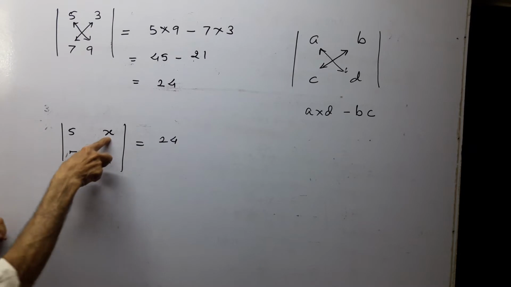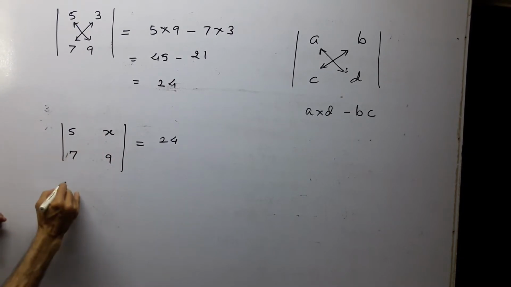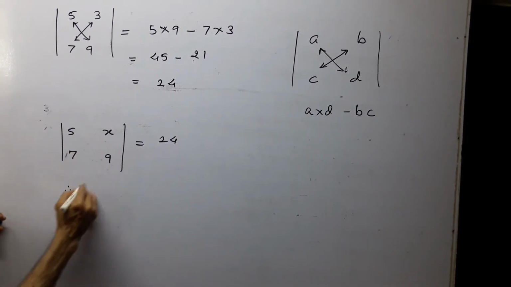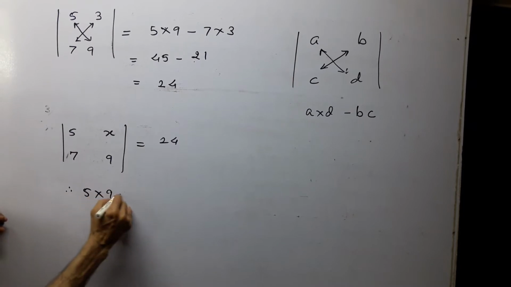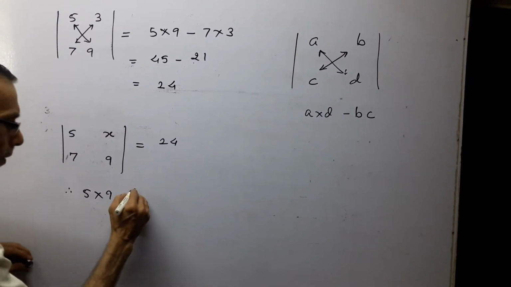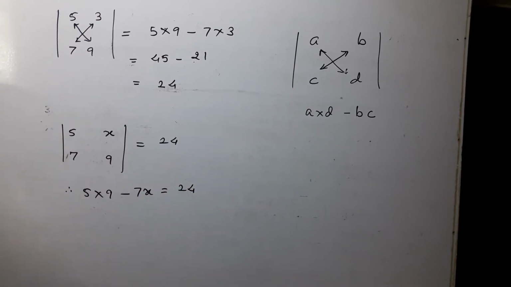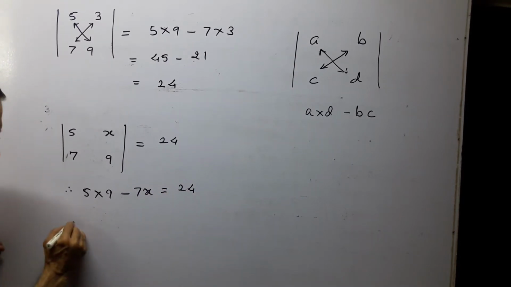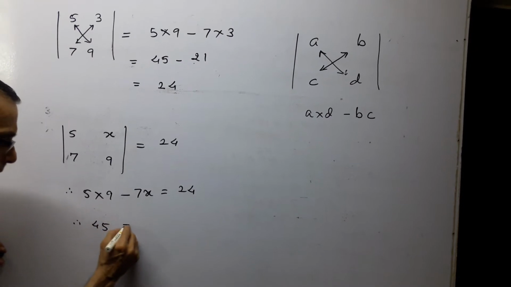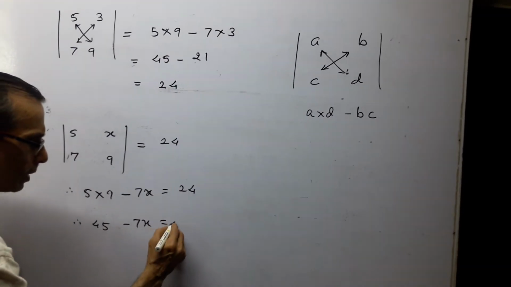Now how to find the value of x? Once again we will take the product 5 into 9 minus 7 into x, and that is equal to 24. Now 9 fives are 45 minus 7x is equal to 24.